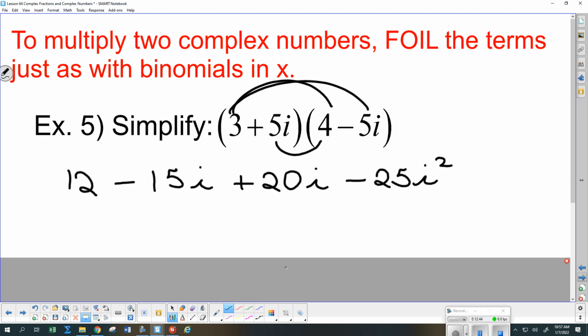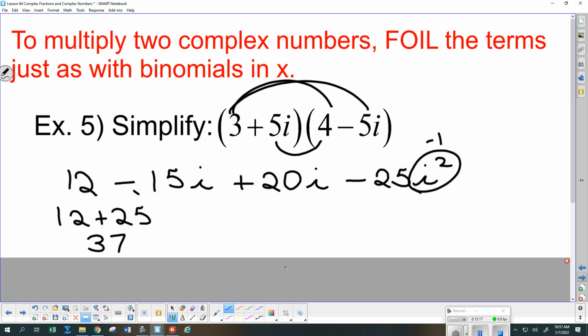The extra step we now have is we have to, well, we still would have to combine like terms, but we have to deal with the powers of i and writing it in the right form for a complex number. So once again, what is i squared, everybody? Negative 1. So the negative 25 times negative 1 becomes a plus 25. So I've really got the 12 plus 25 to put together, or 37 if I manage to add that correctly.